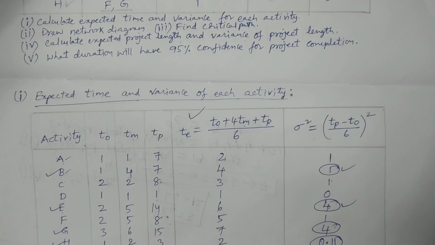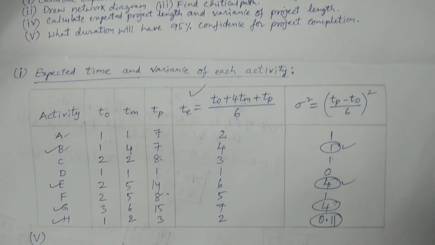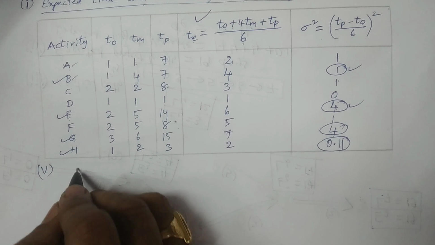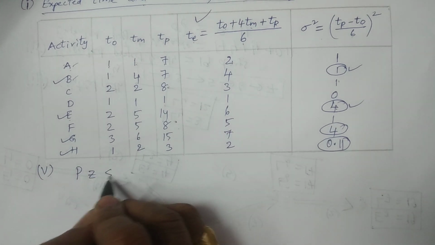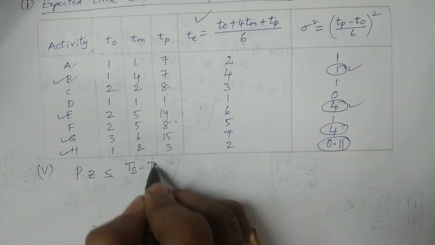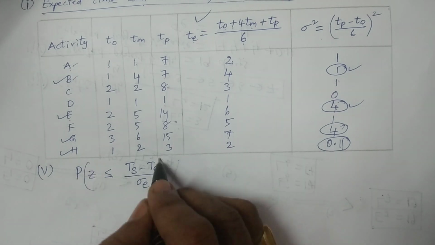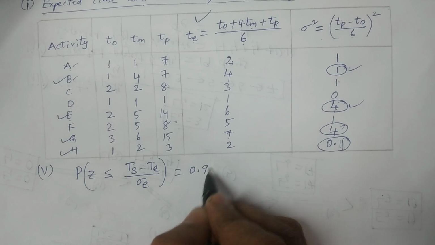So with 95% confidence, that is with probability 95%, we have to consider the probability of Z less than or equal to Ts minus Te divided by sigma E as 0.95.